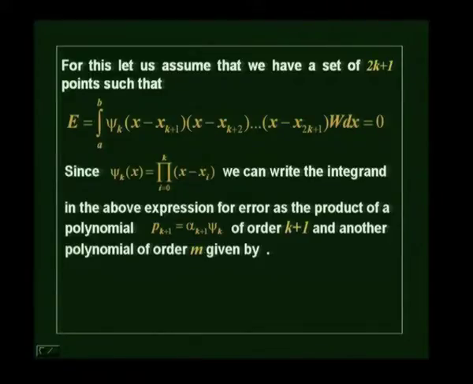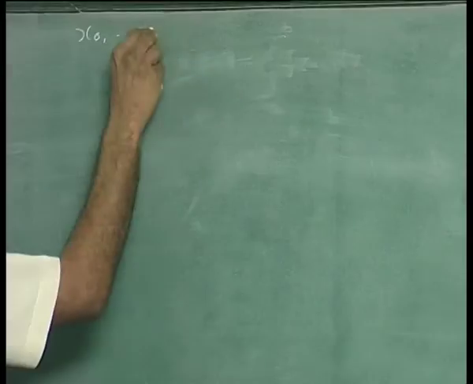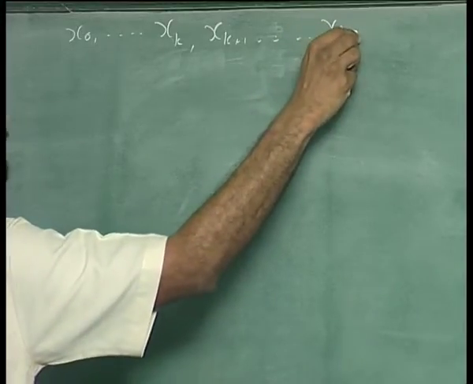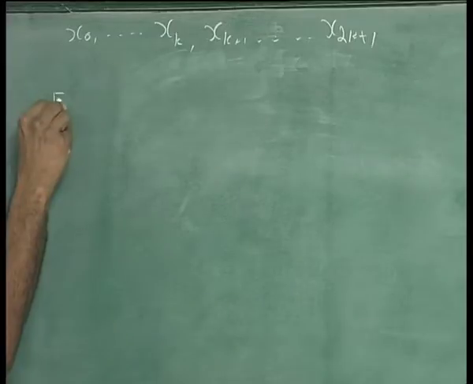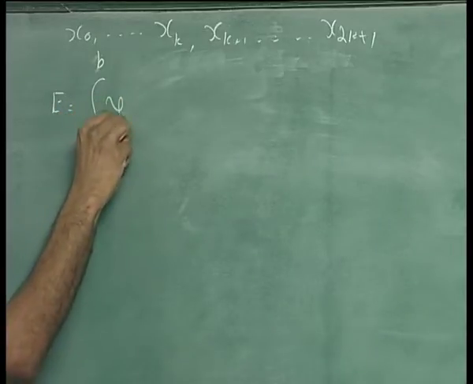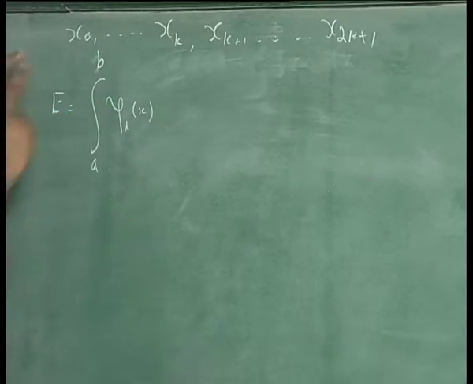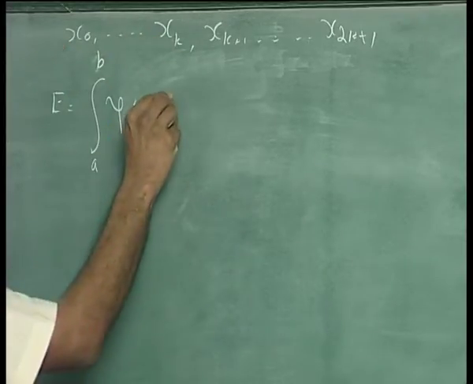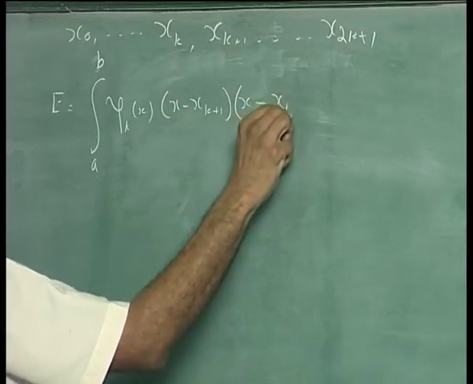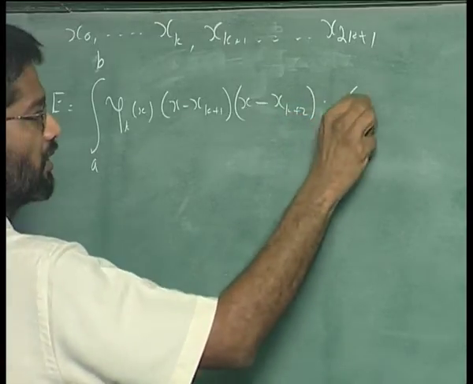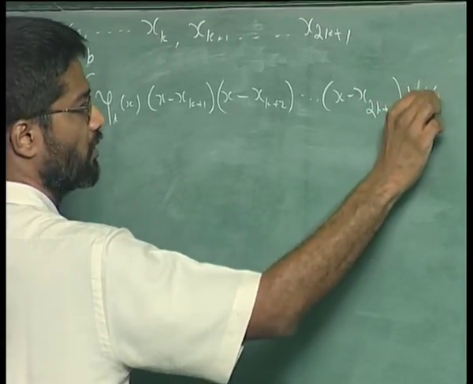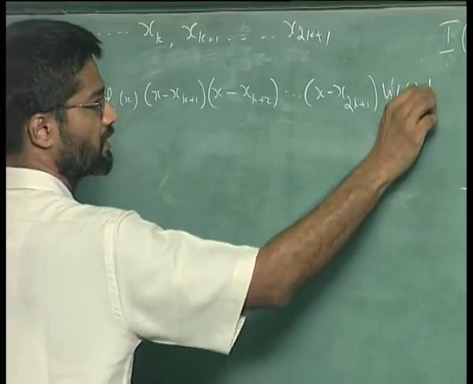So, the final error, assuming that we chose all the points starting from x0 to xk and then xk plus 1 to x2k plus 1, assuming that we can choose all these, our error would be the integral from a to b of psi k, which we know is the product of x minus x0 to x minus xk, and then you have x minus xk plus 1, x minus xk plus 2, up to x minus x2k plus 1, into w of x dx.